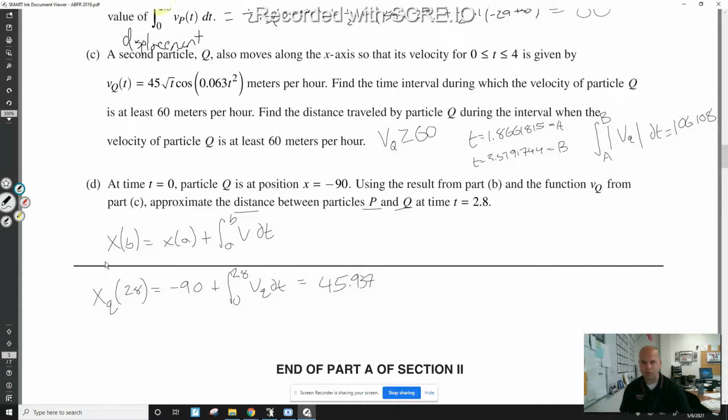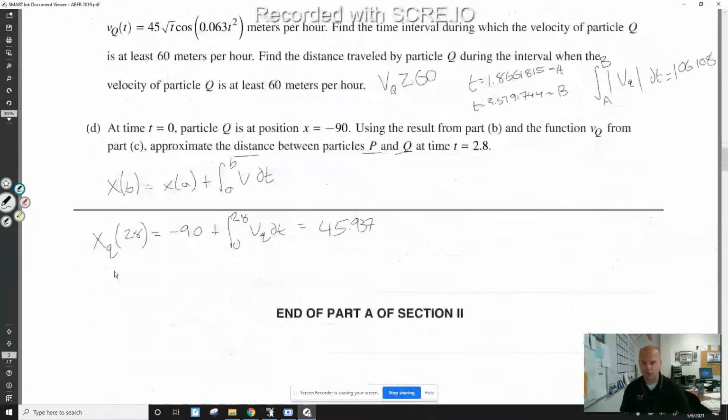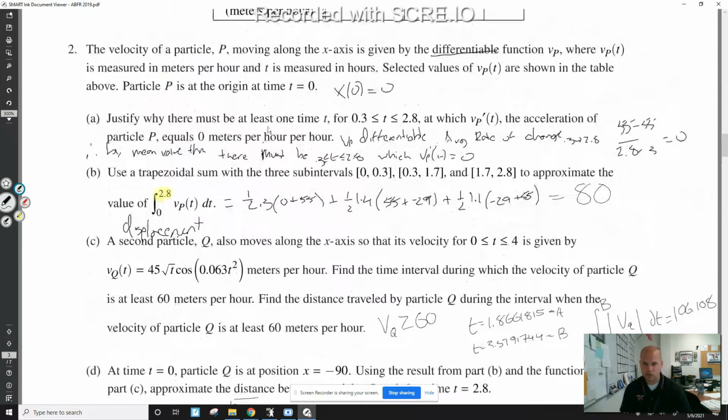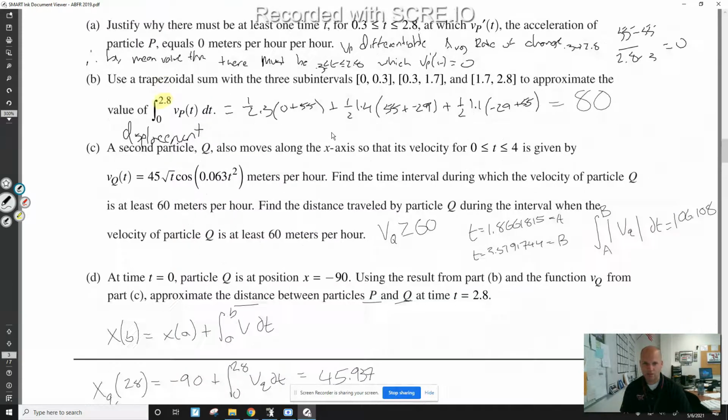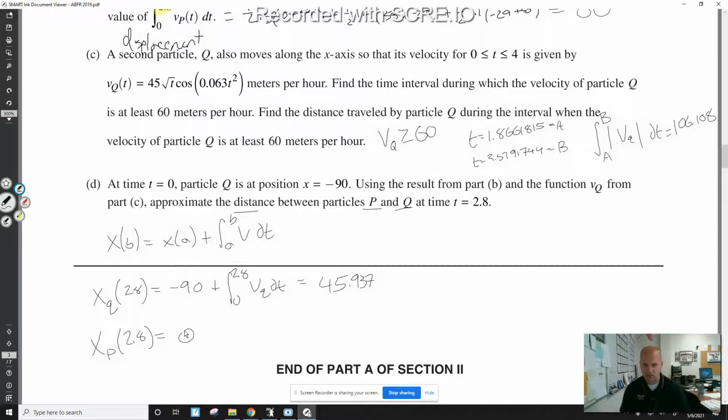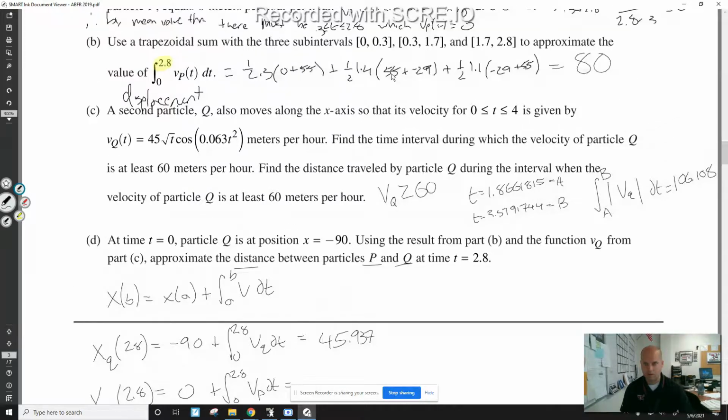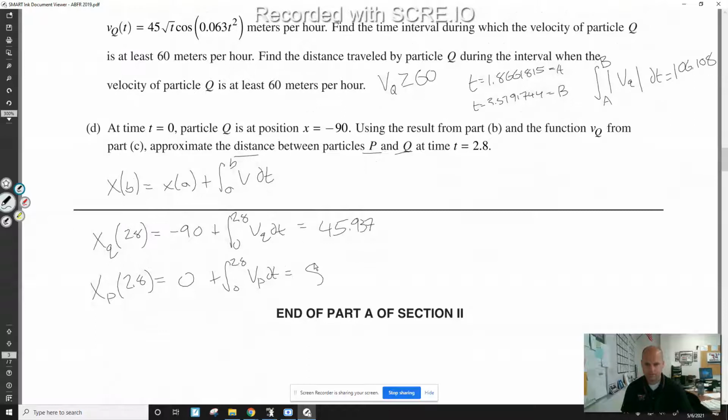Now, my position of particle P at 2.8 is, again, same equation, but I start at an initial position of 0, and then I'm going to use my approximation of my displacement, which I found from part B, which is 80. So Q is at 45.937, P is at 80.